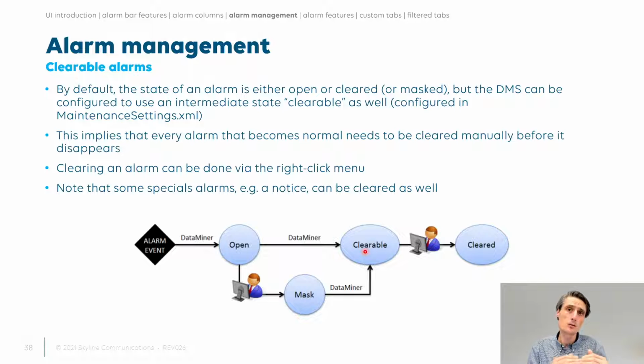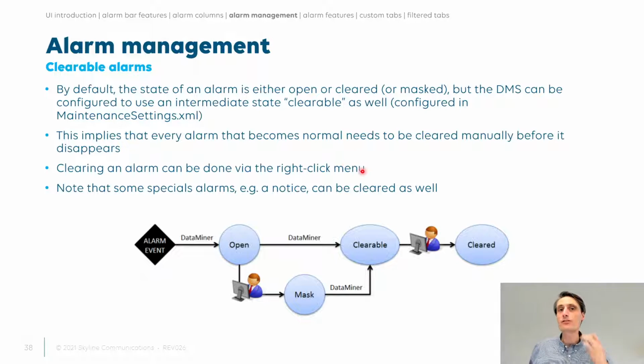Here it will not disappear, but it will stay there as a green, ready-to-be-cleared, or clearable alarm, until somebody, it doesn't really matter which user is online, selects the alarm and says, oh, that happened, and yeah, it's effectively fixed. So let's right-click on it and clear the alarm. And then, only after that manual user intervention, it goes into cleared state and disappears into the history, out of my window.